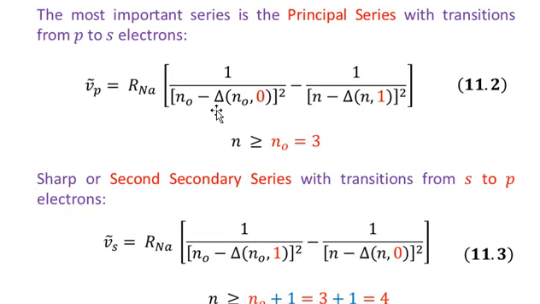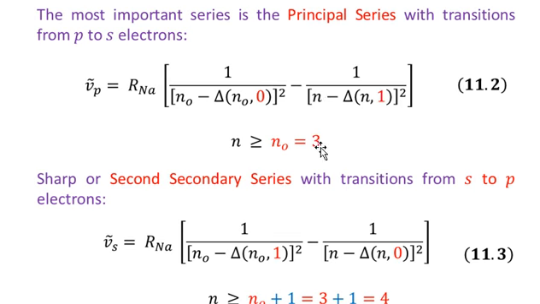Here the principal quantum number n naught will start with n equal to 3, and the n in the second term can take all values greater than 3, which indicates that you are accommodating all the higher levels above n equal to 3.